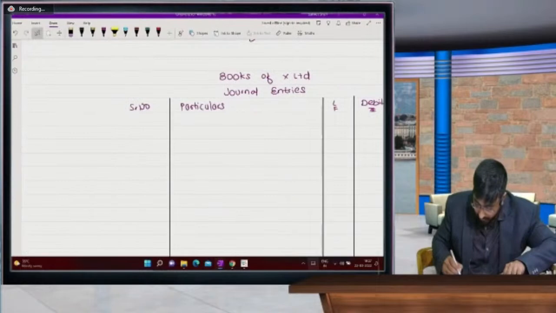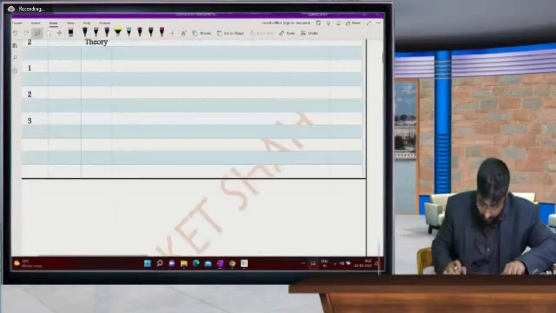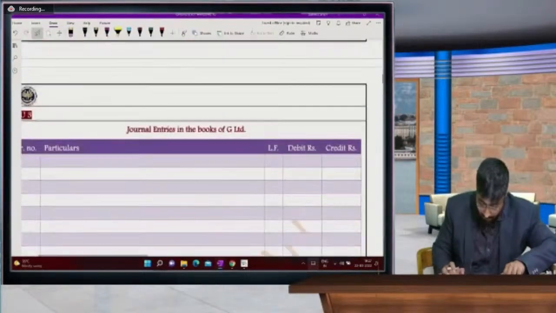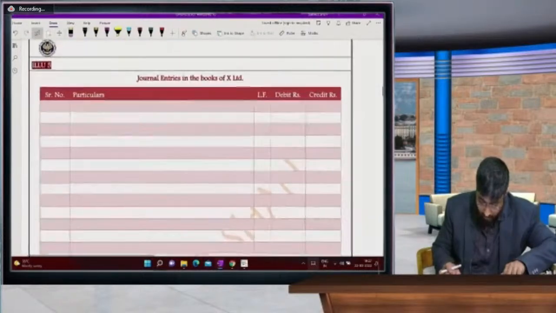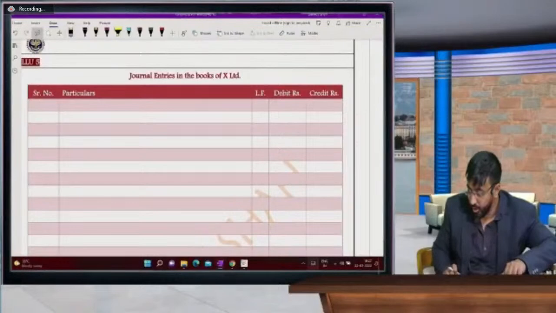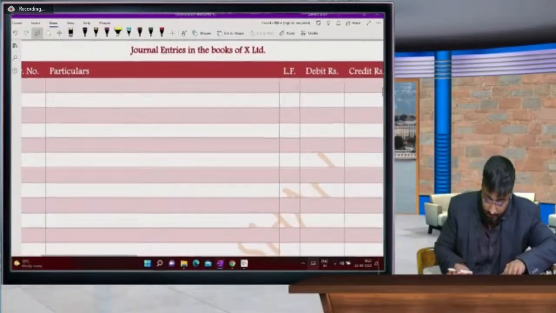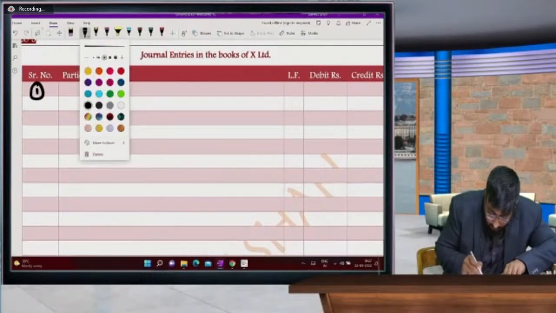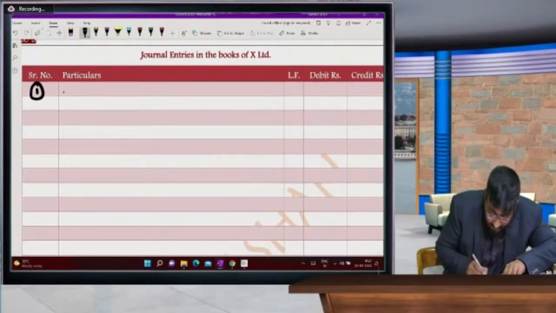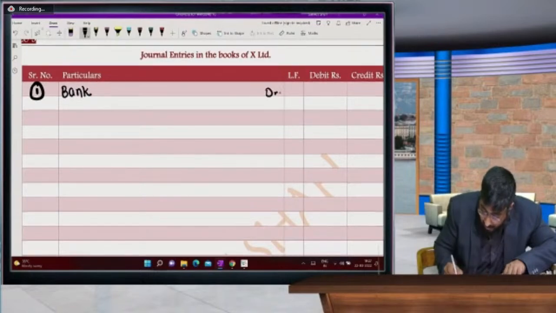So now friends, journal entries. Number 1. What is the first entry, beta? Bank account debit.